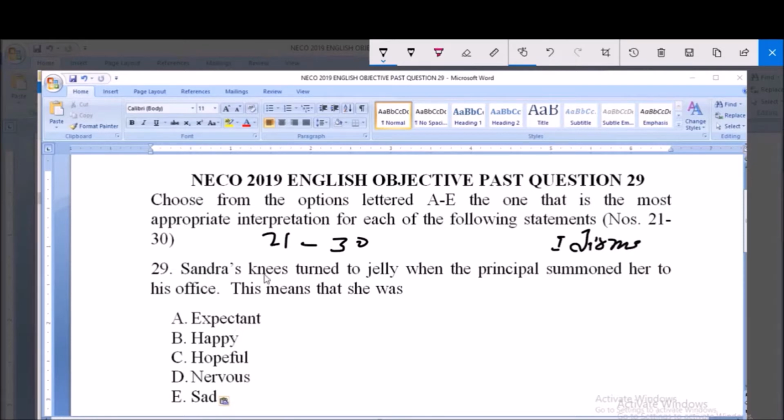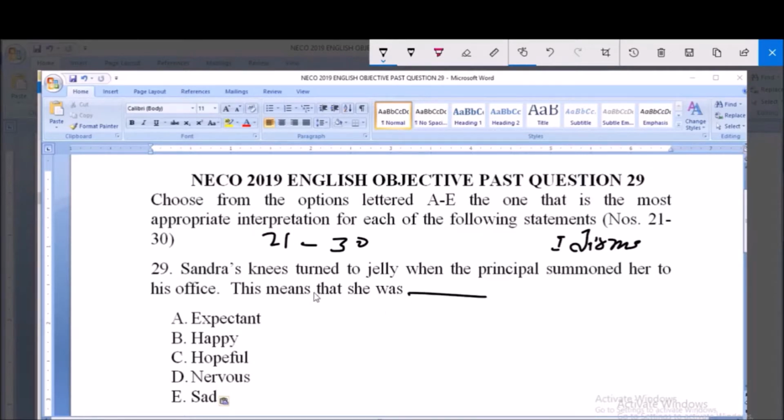The statement here says Sandra's knees turned to jelly when the principal summoned her to his office. This means that she was dash.